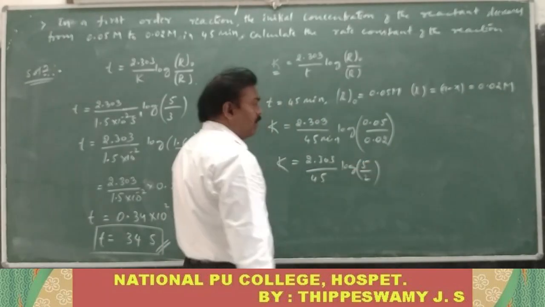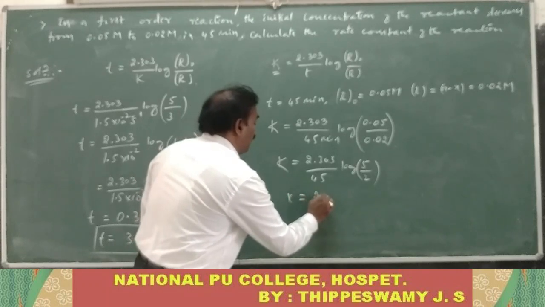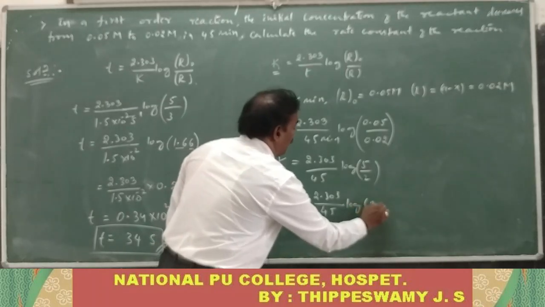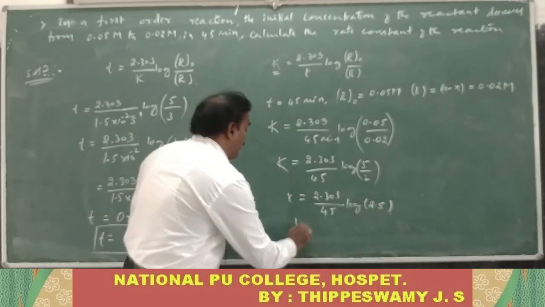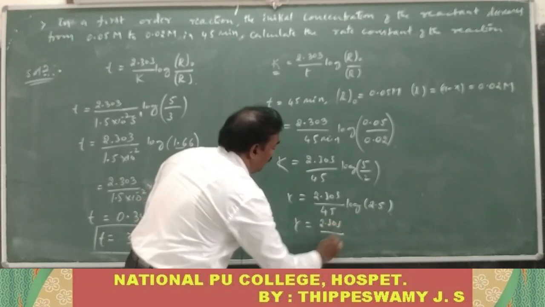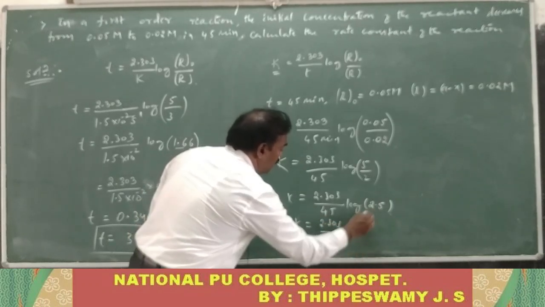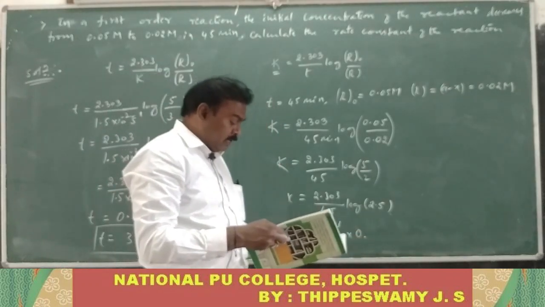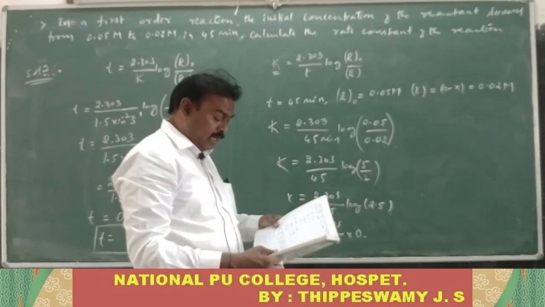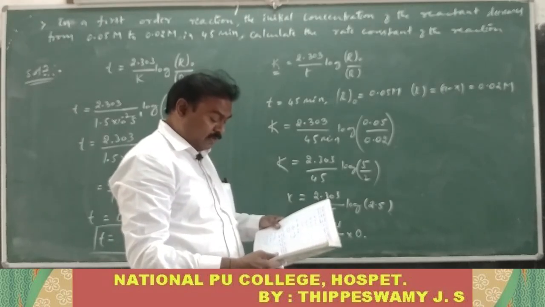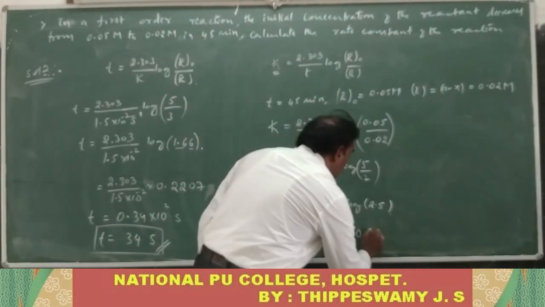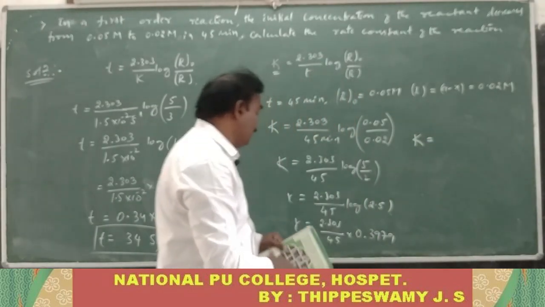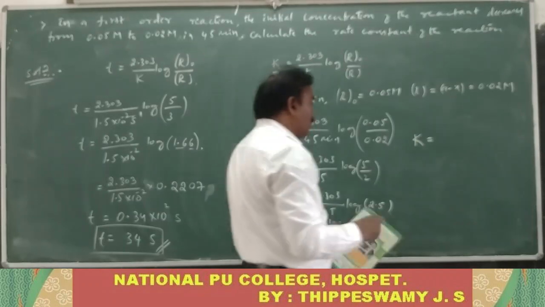Or K is equal to 2.303 divided by 45 into log of 2.5 only. Log 2.5 value, you know? Looking at the log table, 25 under 0 you see 3979, so you are getting 0.3979. Then what is the final answer? K is equal to 0.0204.